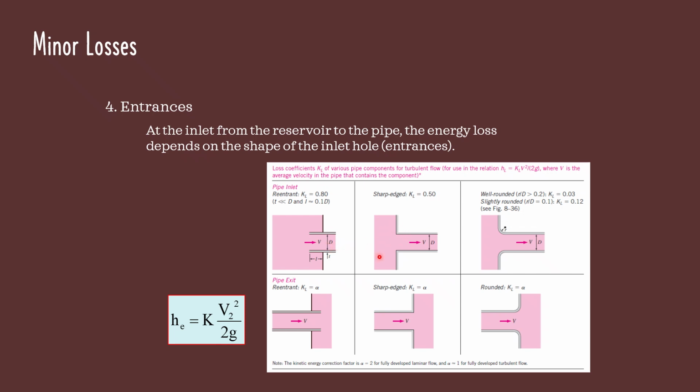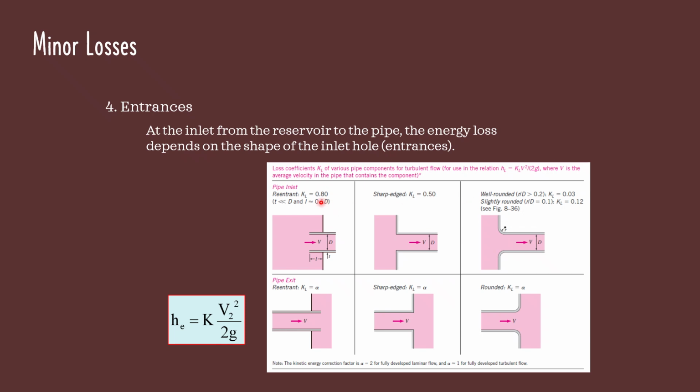But if the shape is a sharp edge, the water will flow more easily. And if the change has a radius, the water will flow more easily.